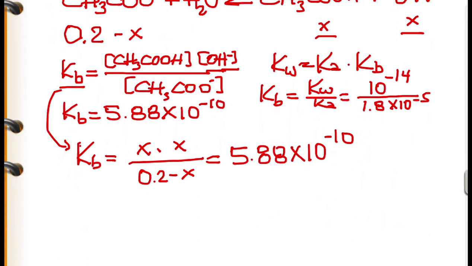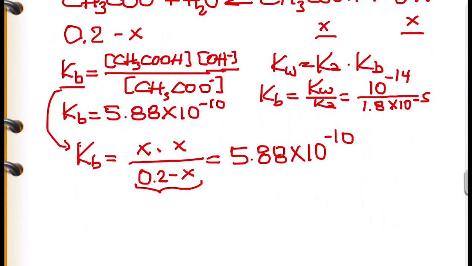So now we have to calculate here. One simplification that we can do is that the amount of this reaction is very small. So this X is a very small number. So we can simplify by saying that 0.2 minus X is nearly 0.2. That simplification is important so that you don't have a much more complicated equation to solve.